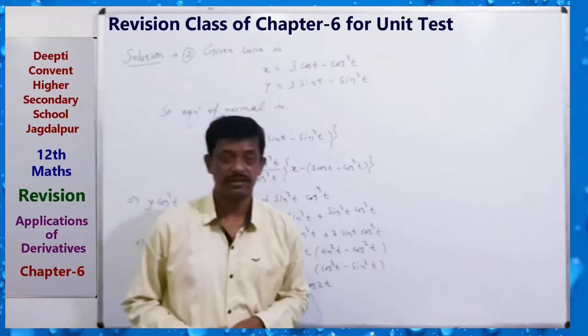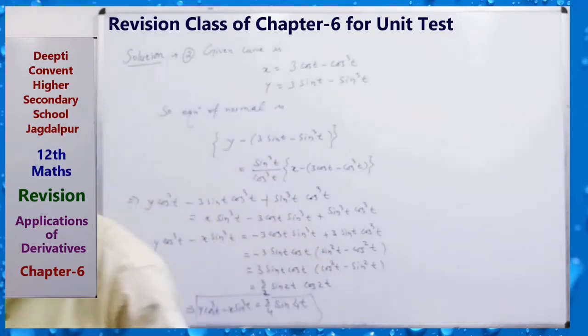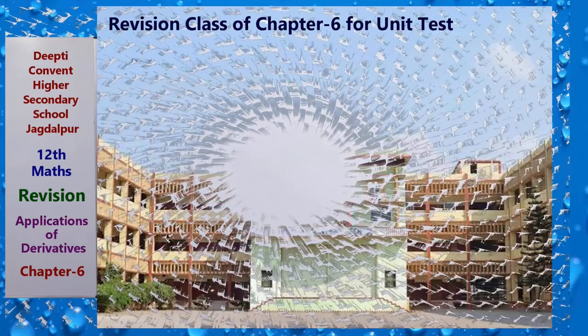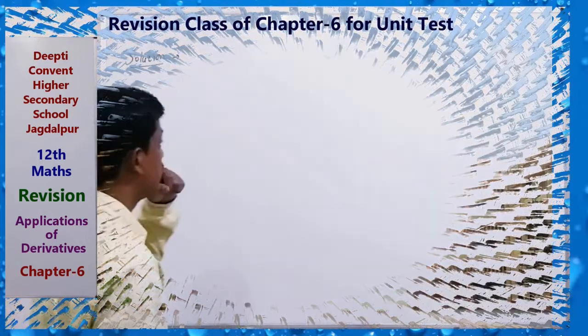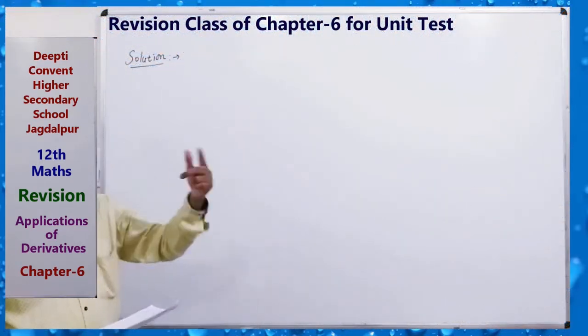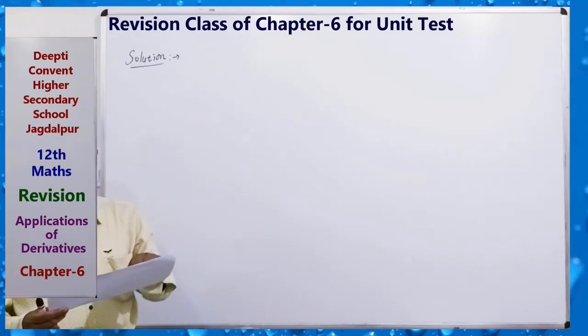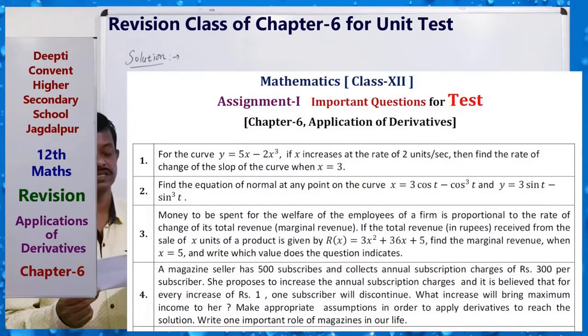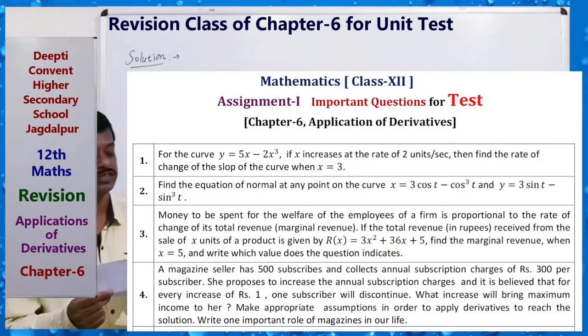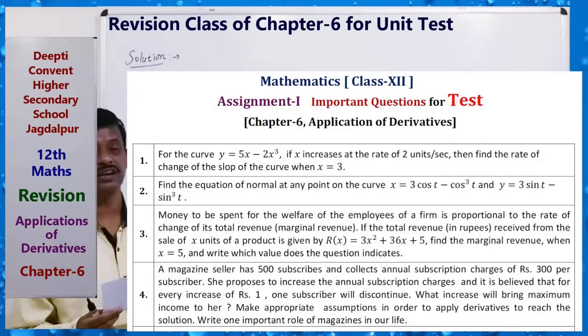Question second. Okay. Now taking question third. You can see question third. What is question third? Money to be spent for welfare of the employees of a firm is proportional to the rate of change of its total revenue, marginal revenue.